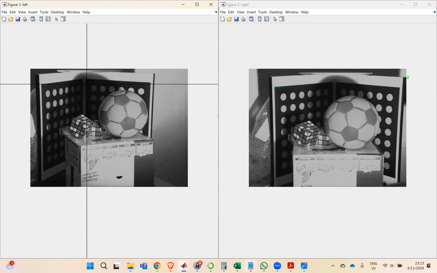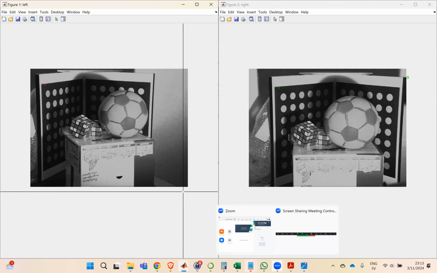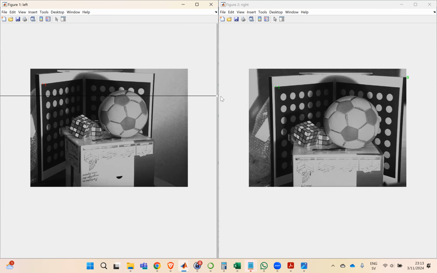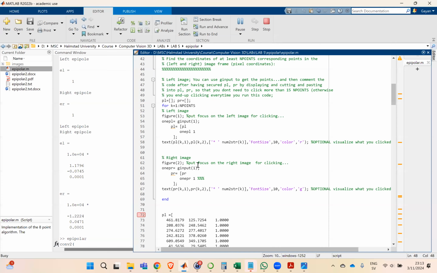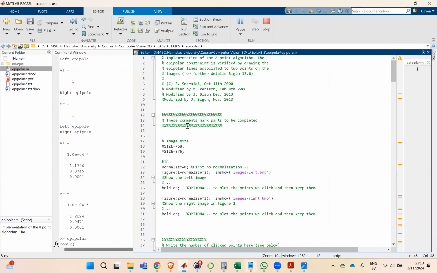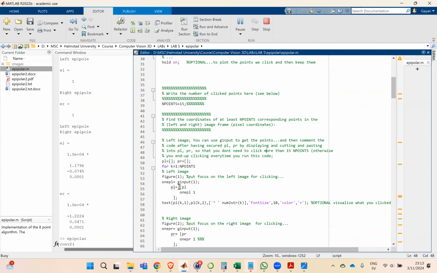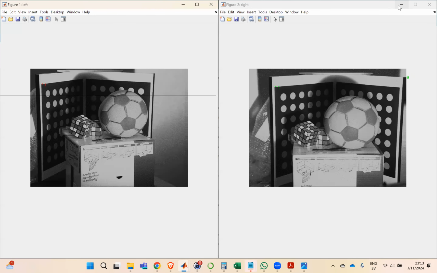In this program, the bare minimum we need is 8 pairs, but we take 14 or 15 points in this lab to reduce the error. I guess we are taking n points. Yeah, 15 points. We need 8, but we are taking 15.